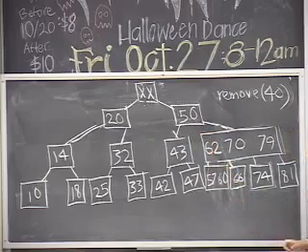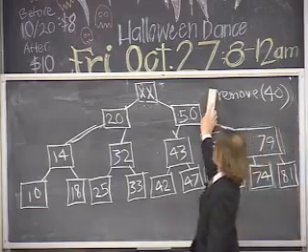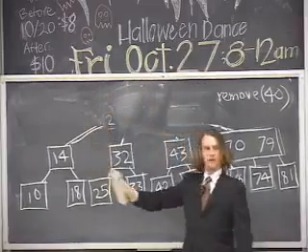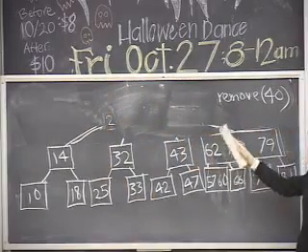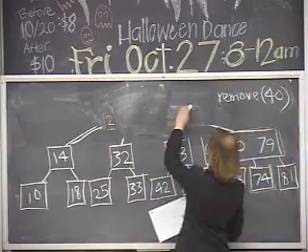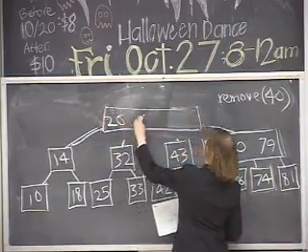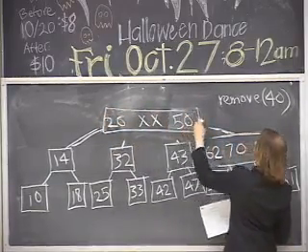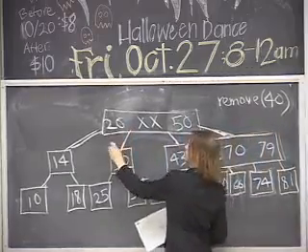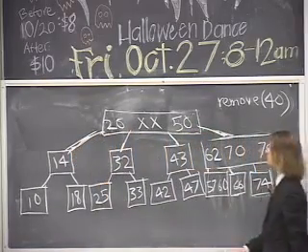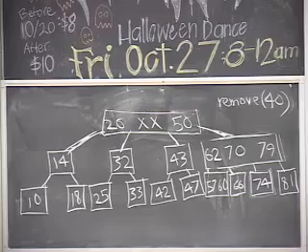So I know I'm looking for the next higher key than 40, so I first go to the right, and I encounter a one-key node. So what do I do with it? I say, well, fusion time. By rule 3, these 3 nodes are all getting combined into one node. And then I continue from there.